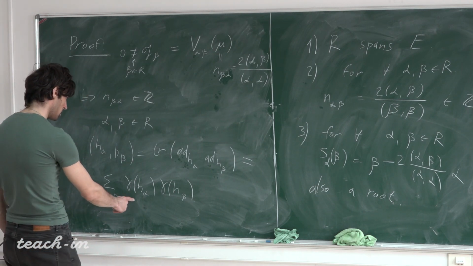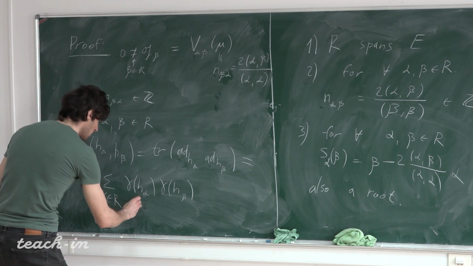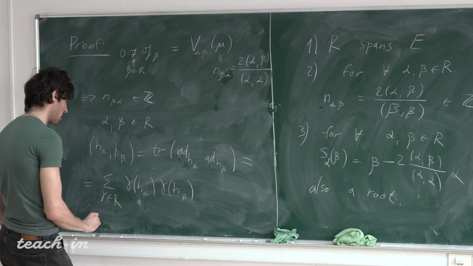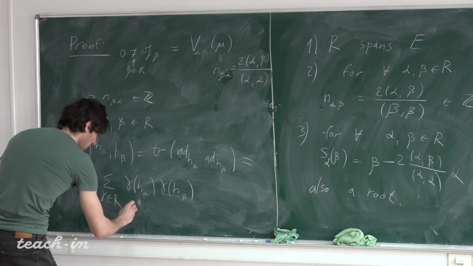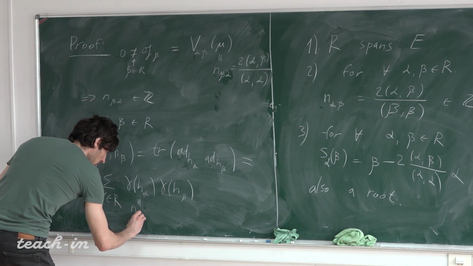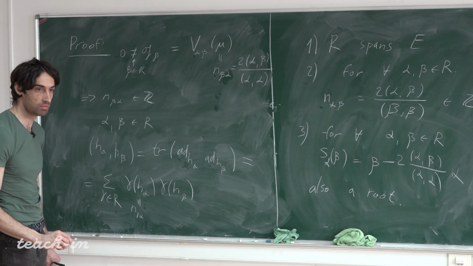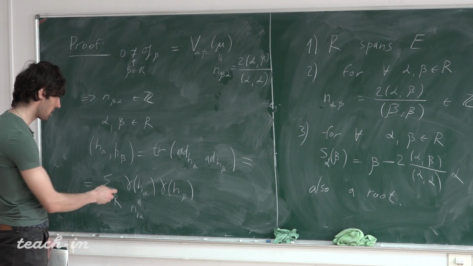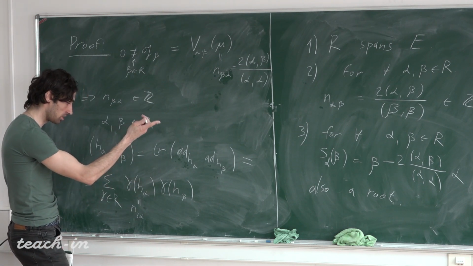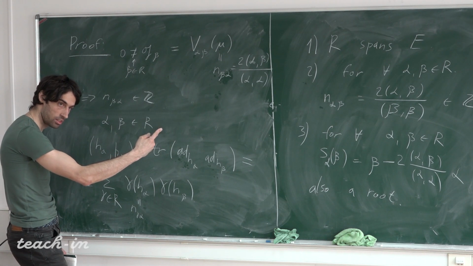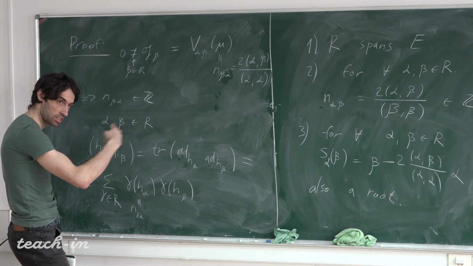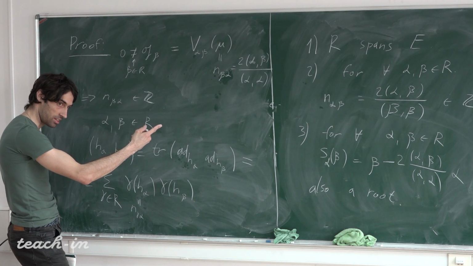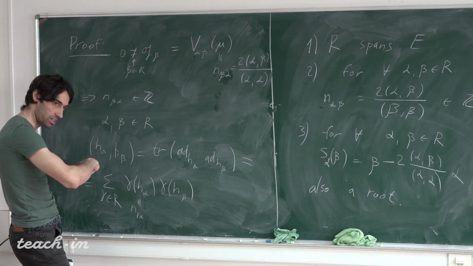But then this is exactly my n gamma alpha. If you recall, what H alpha was: H capital alpha divided by alpha alpha. Gamma of H capital alpha is gamma with alpha, so it's 2 gamma with alpha divided by alpha alpha.